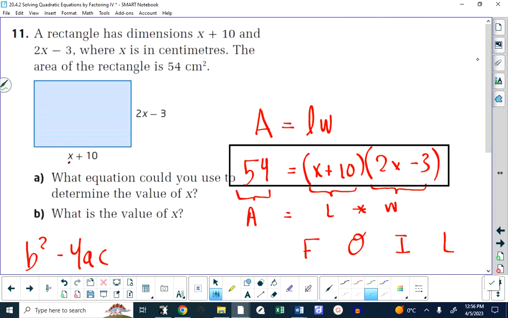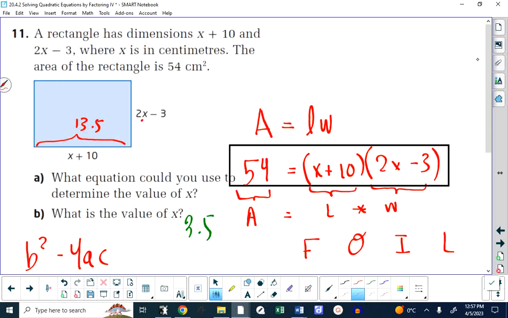Well, let's just check something else out here. What equation could we use? We've done that. What is the value of x? 3.5. Craig, what do we get when we take 3.5 plus 10? 13.5. So this is 13.5 in here. What do we get if we take 3.5 times 2 and subtract 3? 4.